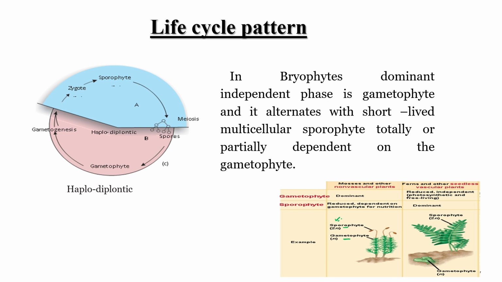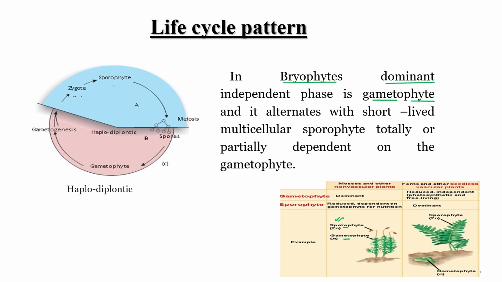This sporophyte is totally dependent upon the gametophyte for nutrition. So in bryophytes, the dominant independent phase is the gametophyte, and it alternates with a short-lived multicellular sporophyte, which is totally or partially dependent on the gametophyte, as you can see over here.